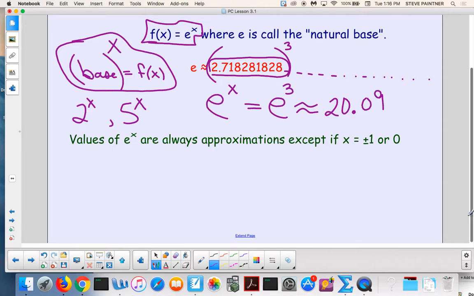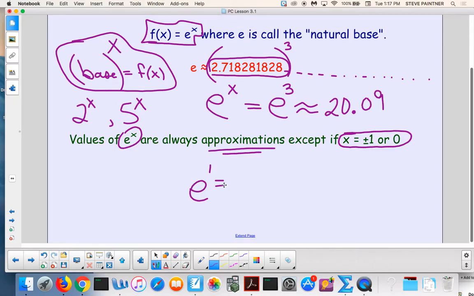It says this, values of e to the x are always approximations, except what? If I let your variable be 1, -1, or 0. So let's do e to the first. What is e to the first? Yeah, but you're saying 2.718, it's just e.